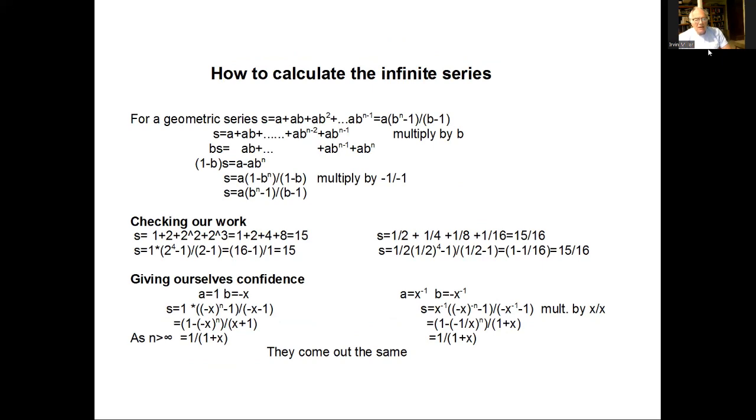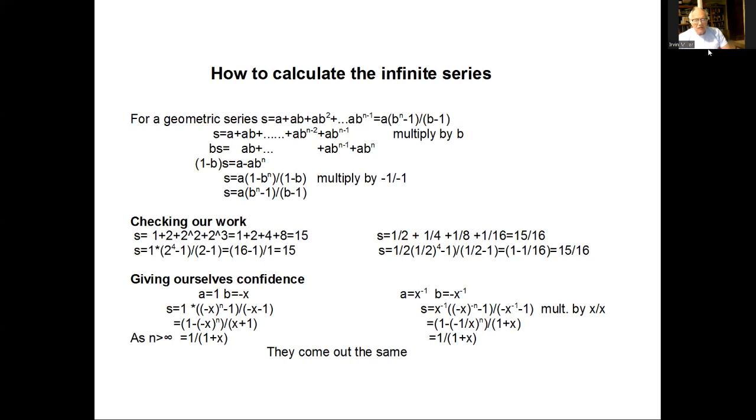We can calculate that by a mere trick of taking the first series, multiplying it by that multiplier b, subtracting the two series, and then we get a formula for the sum, which can then be finally written as a times b to the n minus 1 divided by b minus 1.